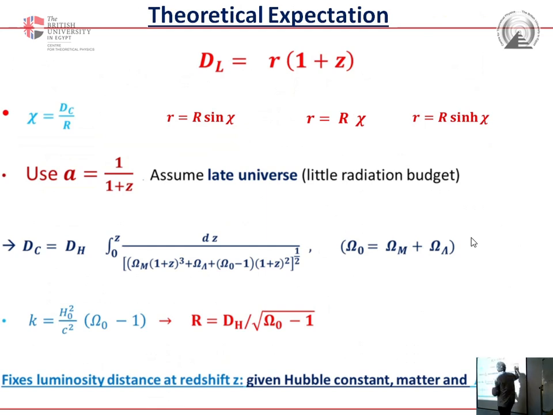So we can know D_C, and R also comes from, if we know omega naught, the total density, and D_H, which we can know if we measure the Hubble constant. If we somehow know that, then we know R, and we can know D_C from here. Okay? So we have everything.